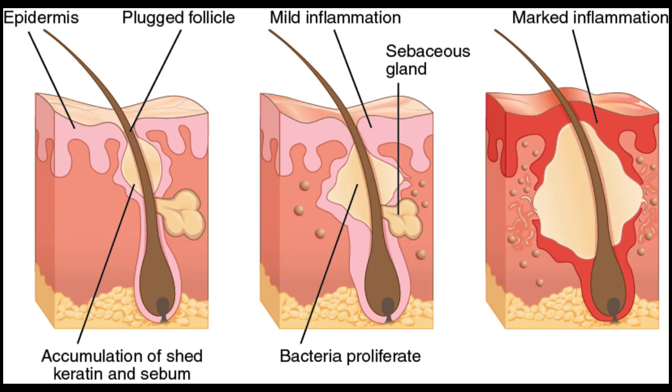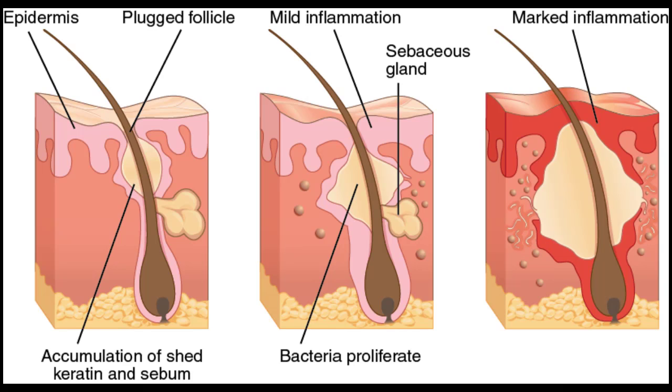Hormones such as androgens stimulate the release of sebum. An overproduction and accumulation of sebum along with keratin can block hair follicles, and this plug is initially white. The sebum, when oxidized by exposure to air, turns black.